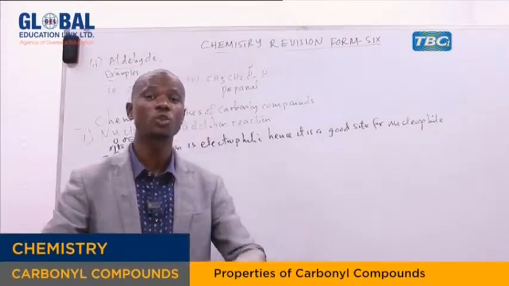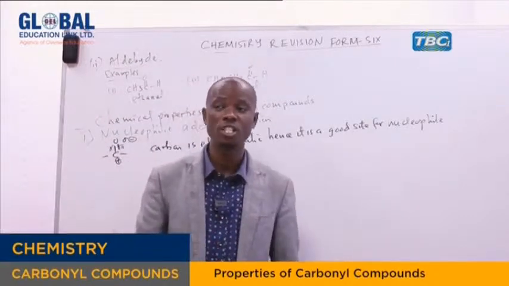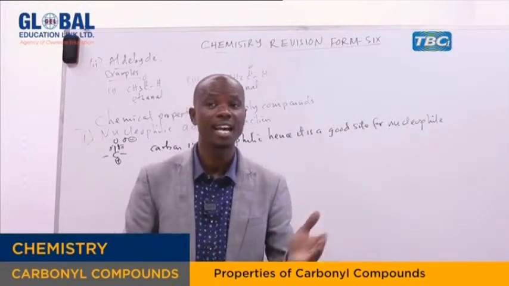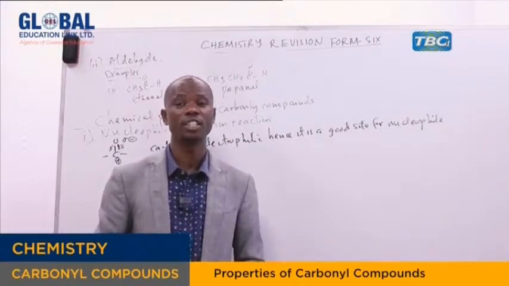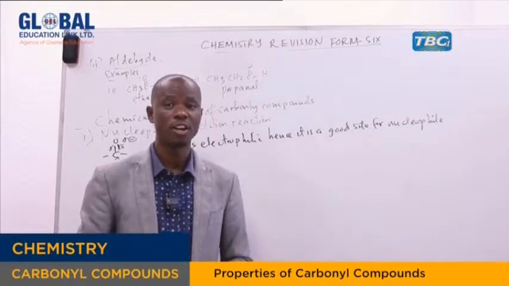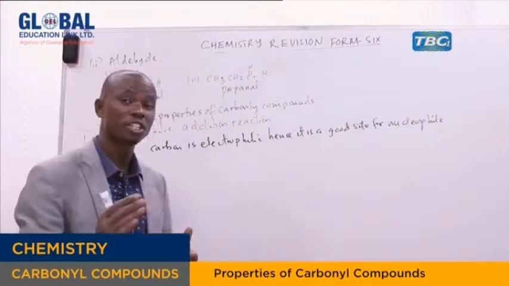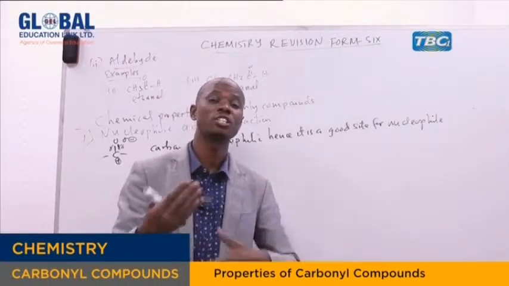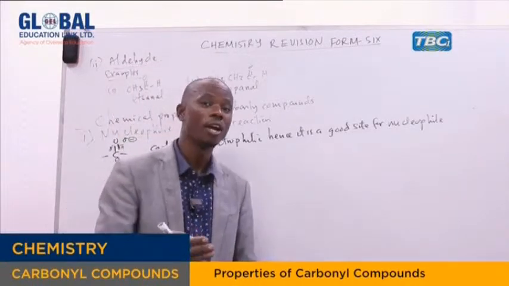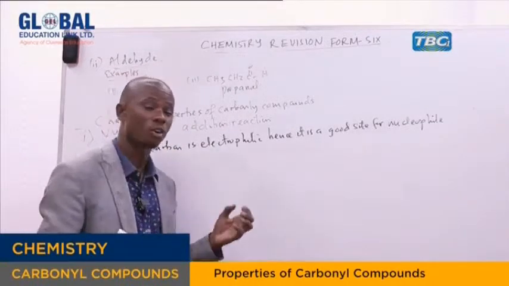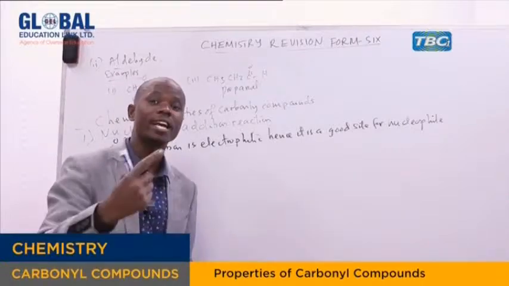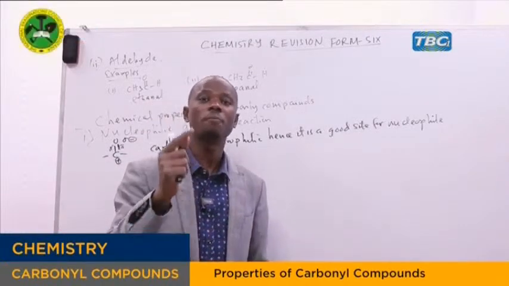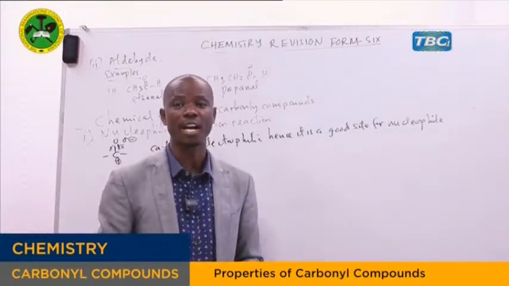So this can be used to explain the reactivity of the two classes of carbonyl compound. That means the reactivity of aldehydes and ketones towards nucleophilic addition reaction differs. Also, it can be used to differentiate between the reactivity of aldehydes among themselves or ketones among themselves. Higher members of the aldehydes will experience a stronger positive inductive effect due to the presence of a longer chain of alkyl group.